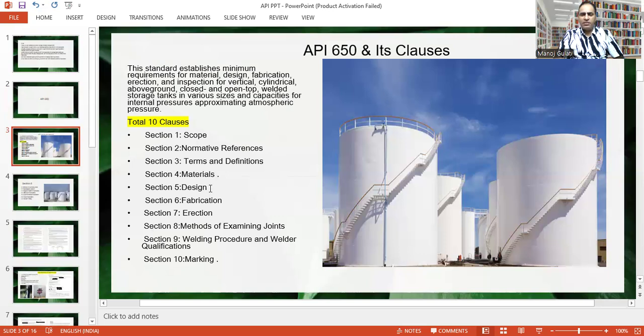Then we have design, fabrication, erection, and method of examining joints. This is the section we'll be focusing on more, the method of examination of the joints. Then we have section 9, which talks about the welding procedure and welder qualifications, and section 10, the marking.